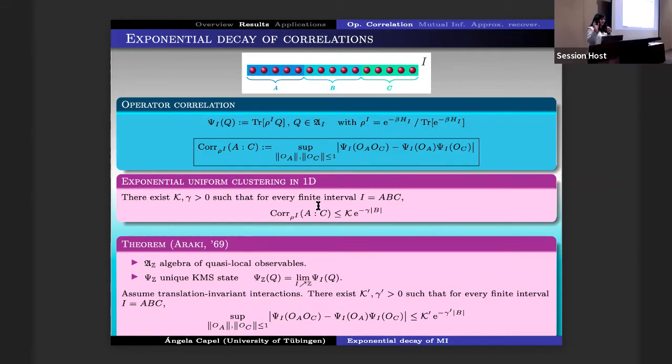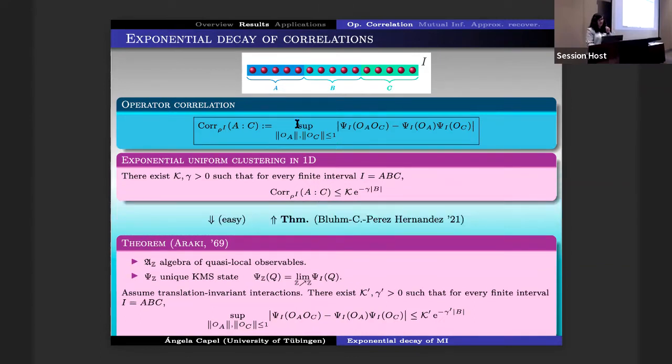But the thing is that for the exponential uniform clustering, I need finite intervals. And in principle, these two things should be related. And this is actually what we proved. So to go from the exponential uniform clustering to Araki's result is sort of easy. It's just taking limits with increasing intervals going to Z. And then we can show that this implies the result below.